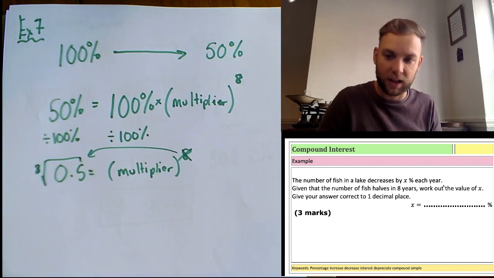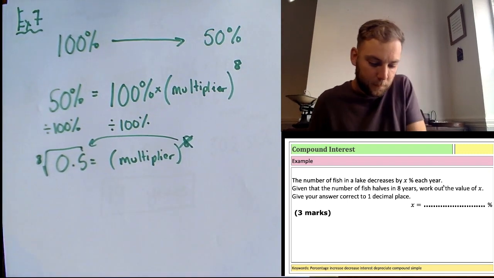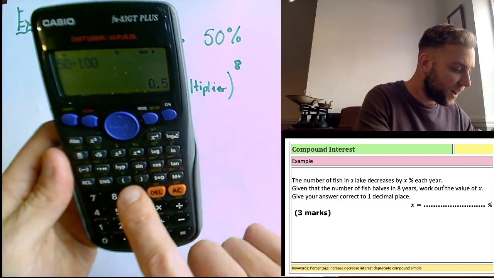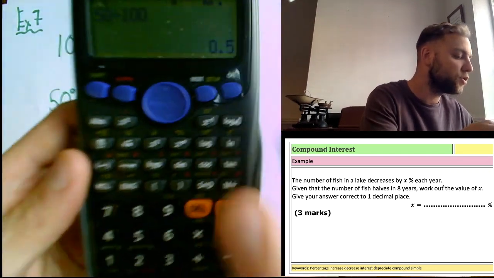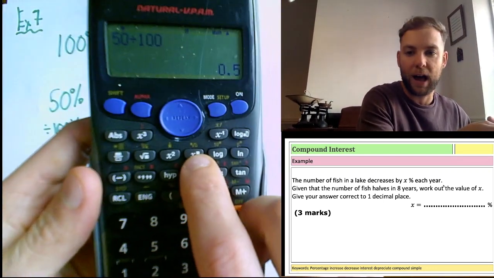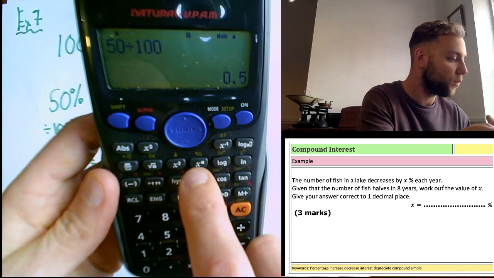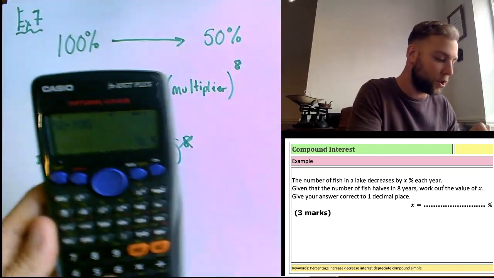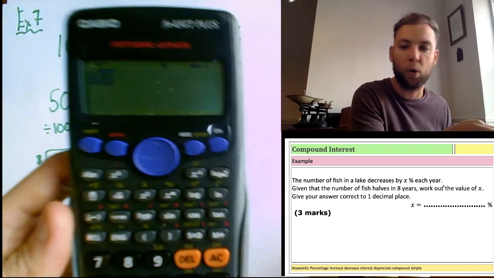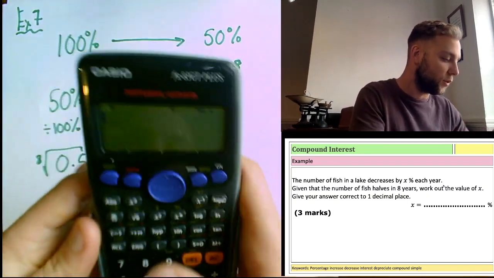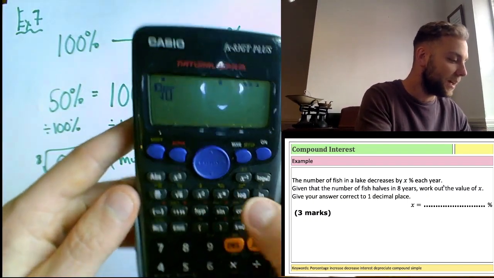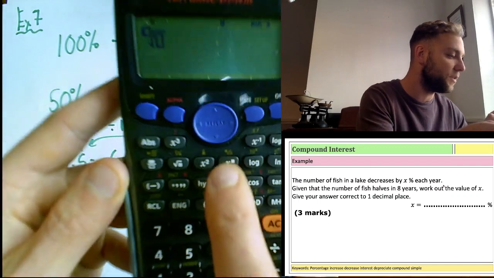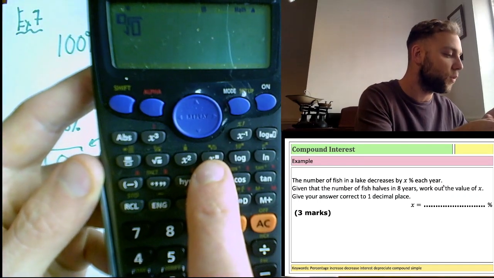Okay, now this is tricky. You might not have seen this before. So, if you want to find the 8th root on here, it's just above your x with a square like that. So you'll notice you've got a square outside your root and a square inside your root. You can't just go 8 roots like that. That won't work. You've got to do shift here, shift and this one here, which is the square box with the root.